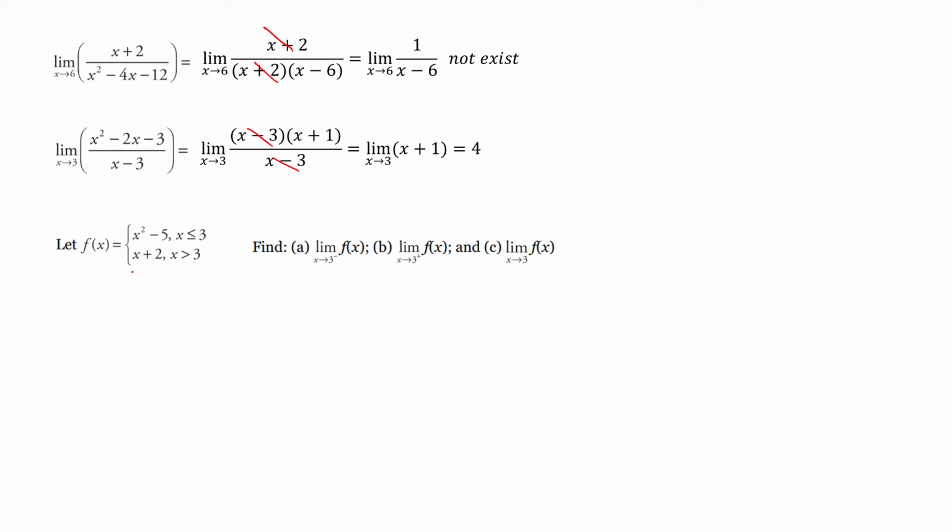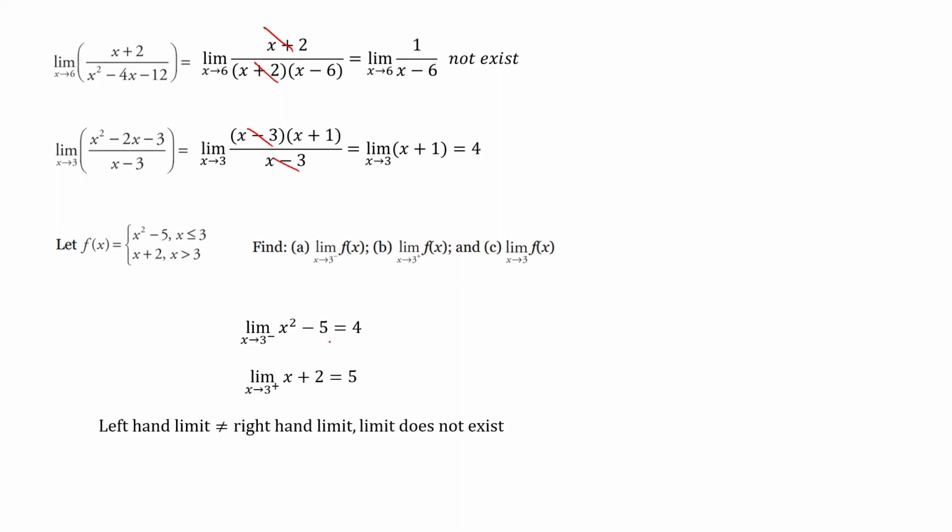And lastly, let's see a piecewise function. When x is smaller than or equal to 3, the function is this, and for x greater than 3 it is this. So we have to find the left-hand limit of f and the right-hand limit of f, and see if the limit exists or not.